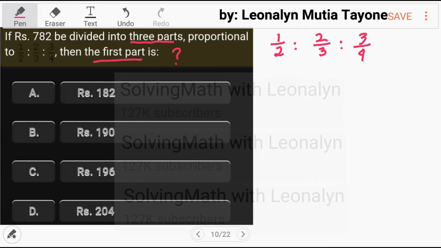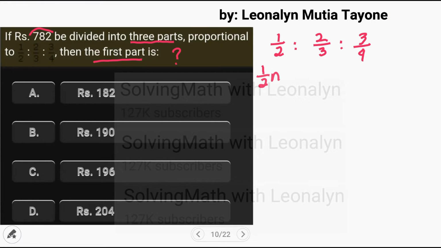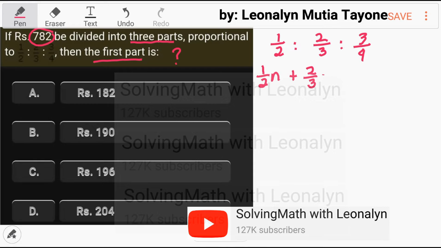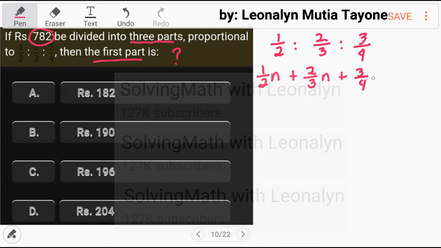Let n ulit tayo sa i-multiply natin dito sa ating ratio para makuha natin itong 782. So, 1/2 of n plus 2/3 of n plus 3/4 of n is equals to 782.